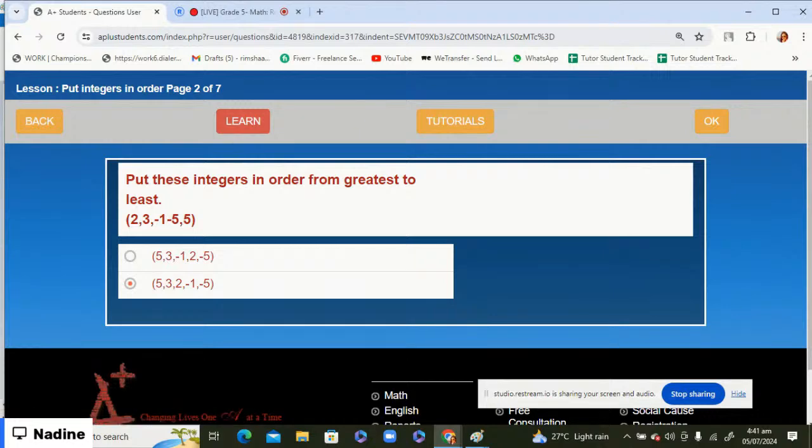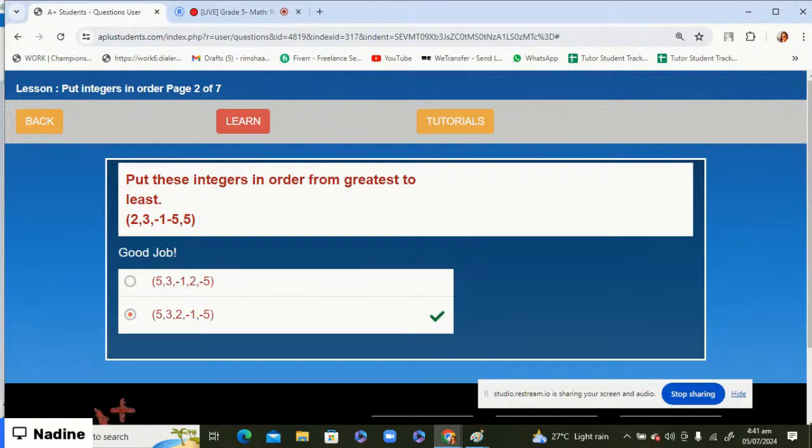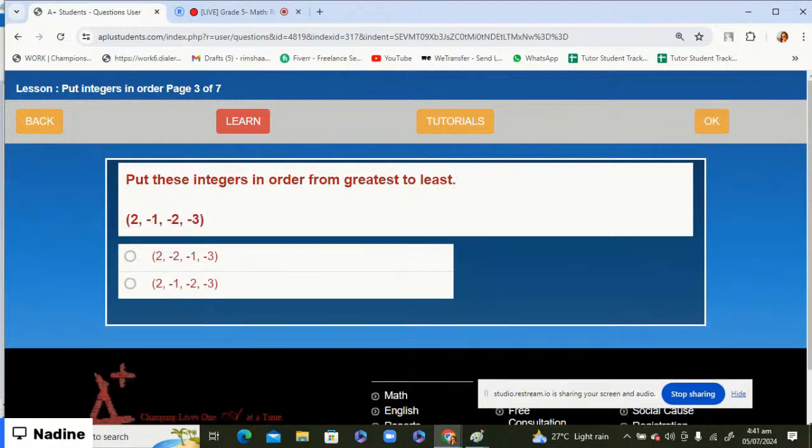Put these integers in order from greatest to least again. What is the greatest one here? Oh, sorry, I already did this one. Now let's open the next. Put these integers in order from greatest to least. Check it out. Which one?